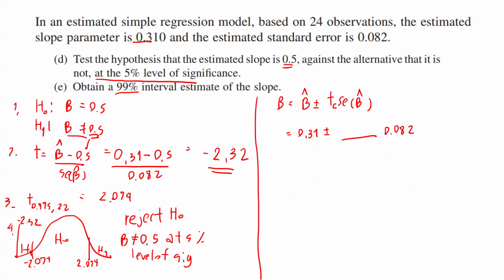2.819, right? And then you will get two numbers. You have to get two numbers because you have to minus one time and plus one time. So 2.819.